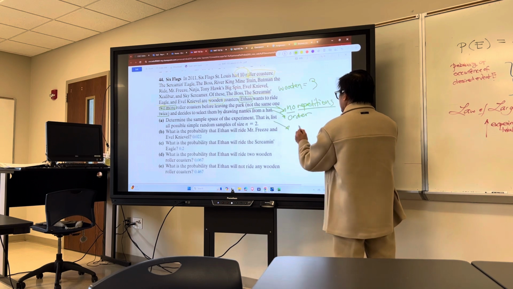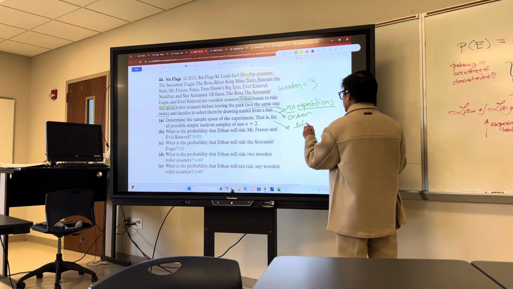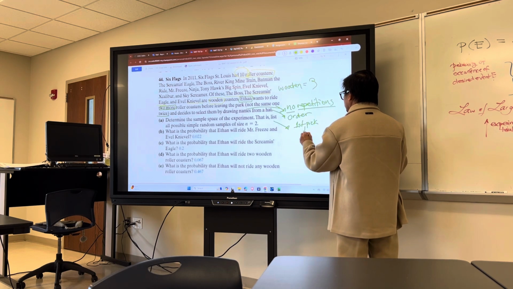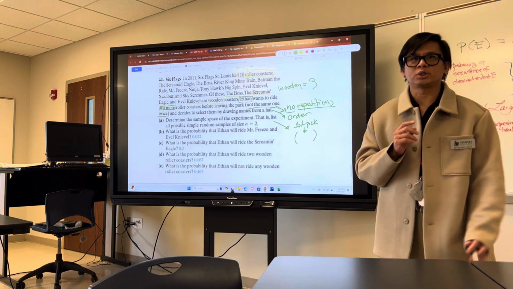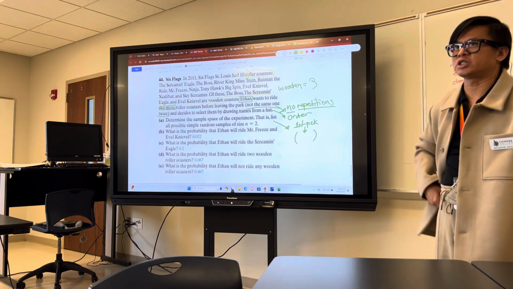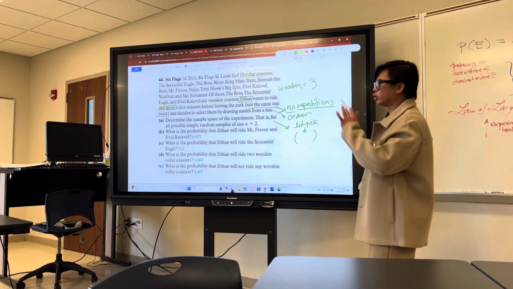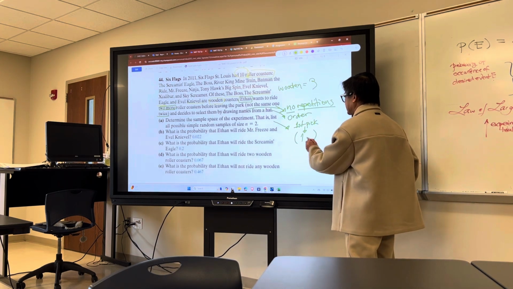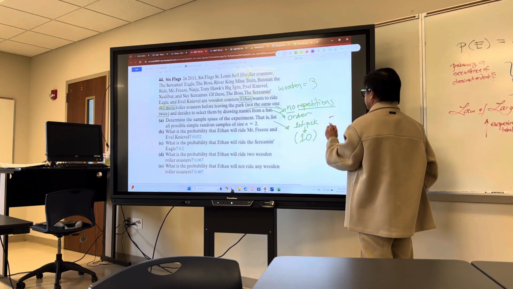We can say that for the first pick, how many roller coasters does he have? 10, right? It doesn't matter whether it's wooden or any type of roller coaster, there's 10. What about the second pick?